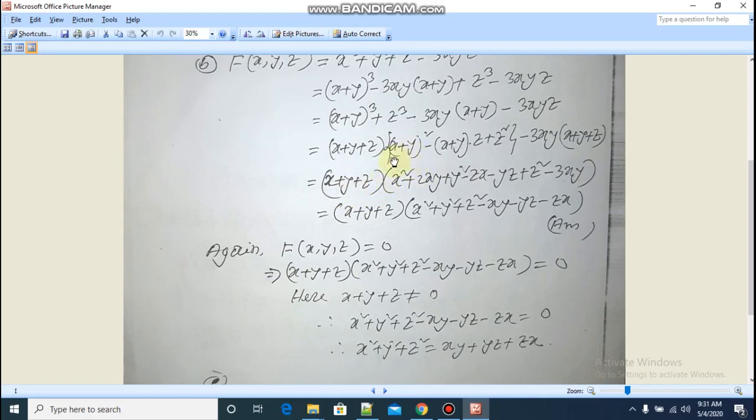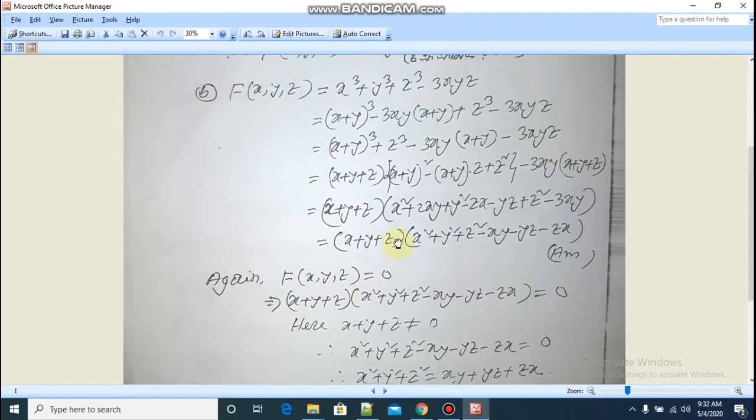So we get (x plus y) whole square, x square plus 2xy plus y square, minus (x plus y) into z. We find this plus z square. From this we get minus 3xy. After calculating and rearranging, we get this. This is the answer of the first part of B.